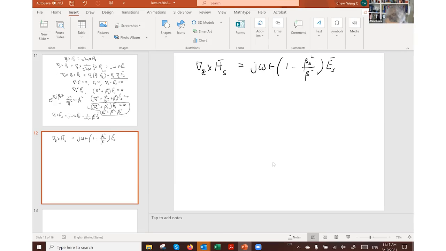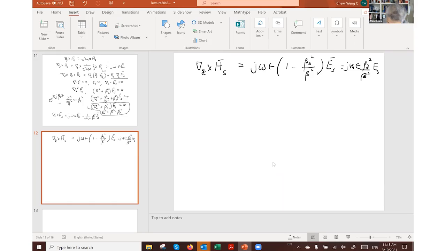And if you look at what this is, it is actually J omega epsilon beta Z square over beta square ES. Okay, because if you take this over there, it becomes beta square minus beta S square, and that becomes beta Z square. So this looks strikingly like the transmission line equation now, or the telegrapher's equation.